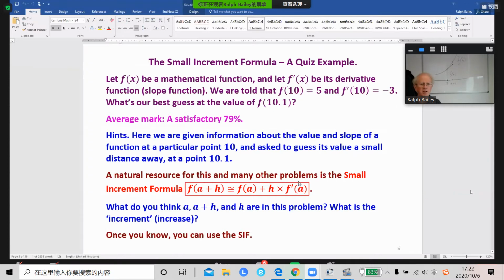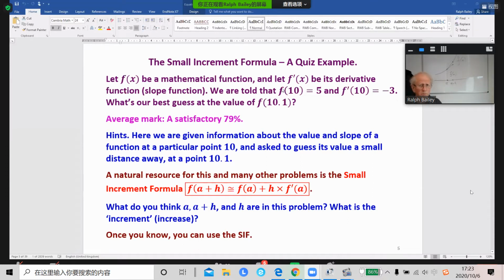My a is the value 10. We're asked to guess the value at 10.1, so that 0.1 will be the h, the additional h value. Usually h is taken to be small, because the smaller it is, the better the approximation works. What you need then is the slope of the curve at 10.